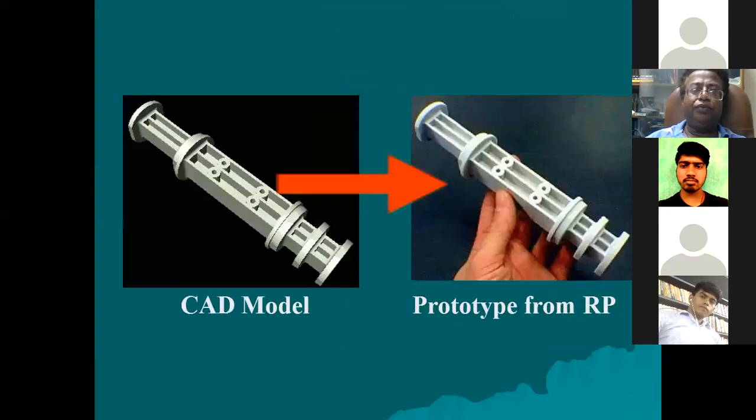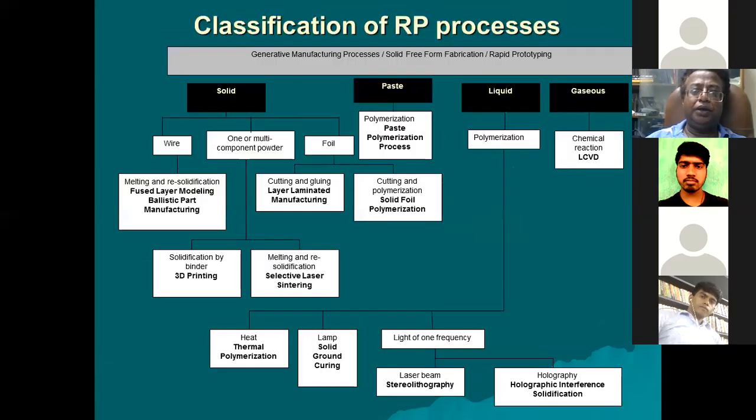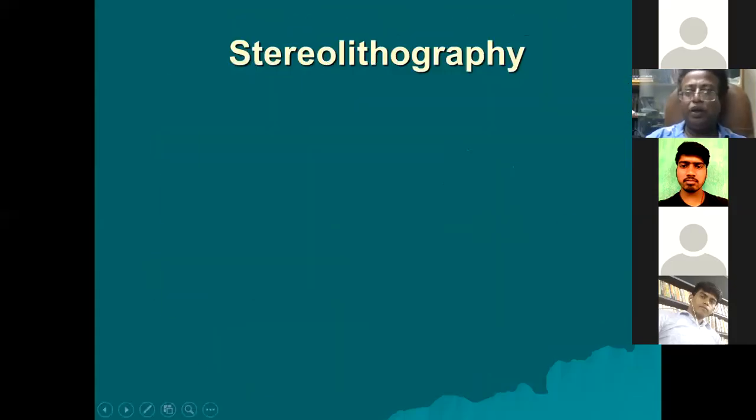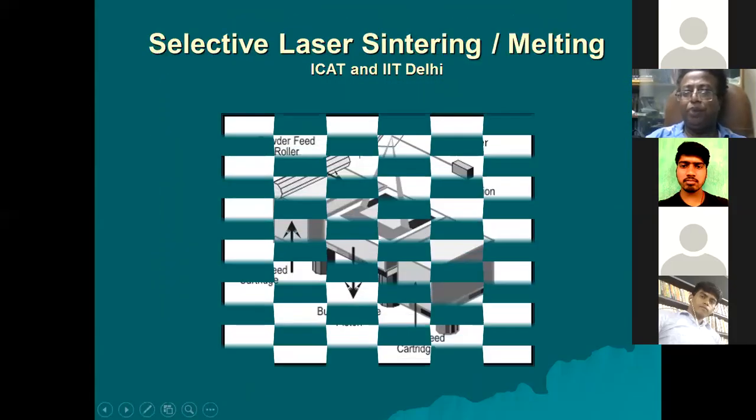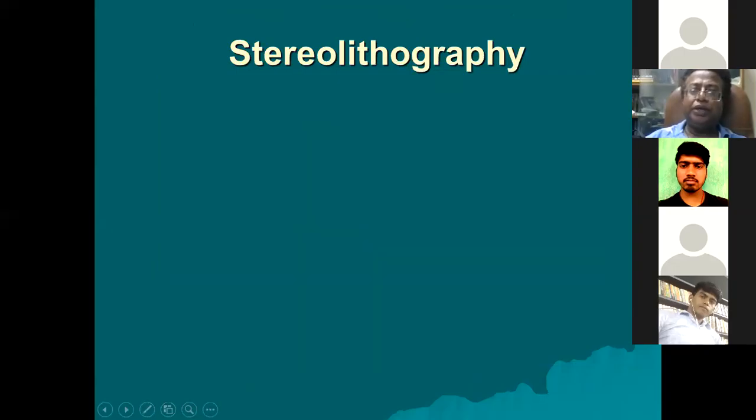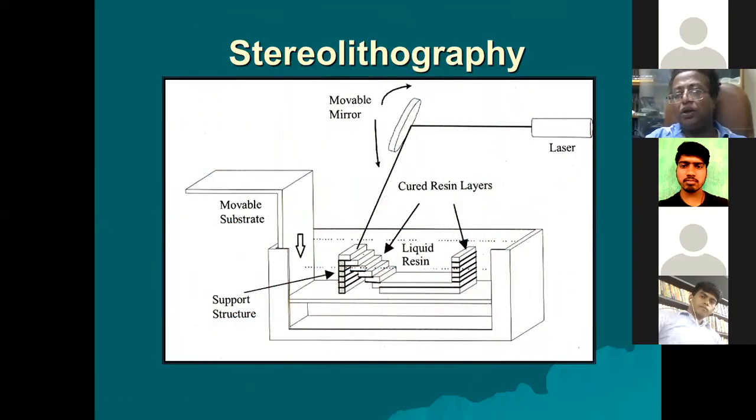We have discussed up to this point, that is the classification of 3D printing or RP processes. Now we will start talking about the various processes.